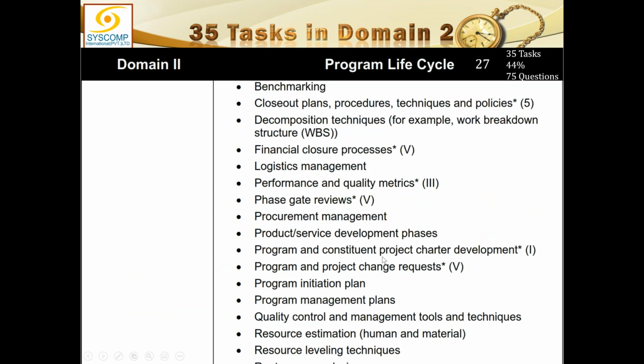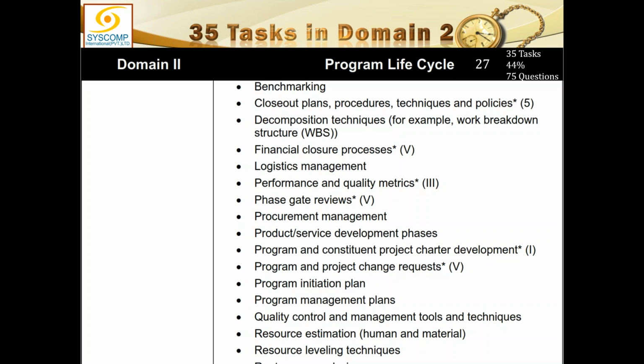Some of these skills might overlap or might be similar as they were in the strategy, and some of them may be similar to the future domains. But here these 27 tools or knowledge and skills are to be taken into account for the program lifecycle.